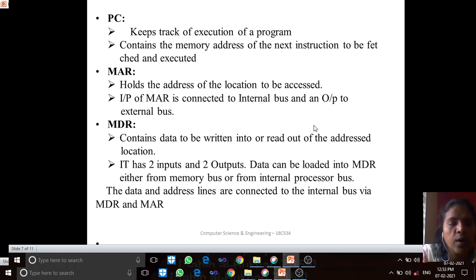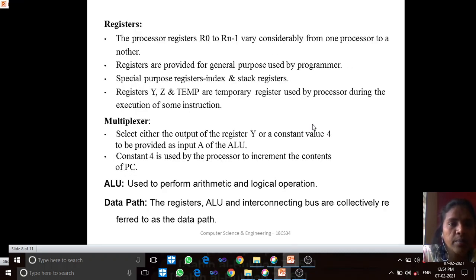The MDR contains data to be written into the memory or read out of the addressed memory location. It has two inputs and two outputs because data can be loaded into the MDR from both sides, either transmitted from the bus to the memory or from the memory to the bus. The data and address lines are connected to the internal bus via MDR and MAR.